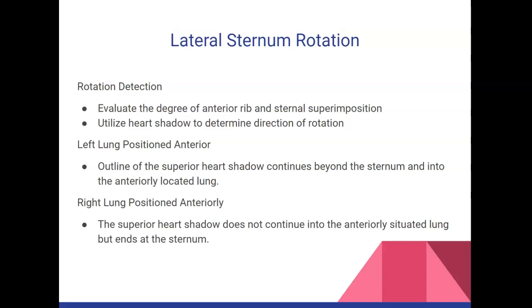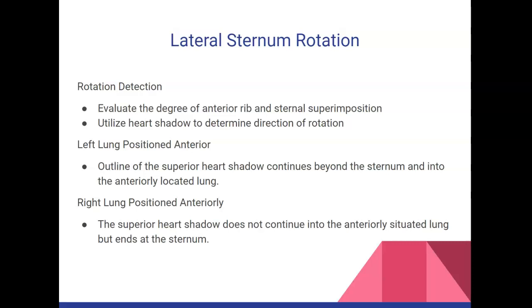Therefore, if the left lung and ribs are positioned anterior to the sternum, the outline of the superior heart shadow continues beyond the sternum and into the anteriorly located lung. Conversely, if the right lung and ribs are positioned anterior to the sternum, the superior heart shadow does not continue into the anteriorly situated lung, but ends at the sternum.